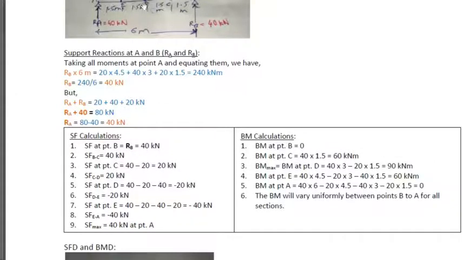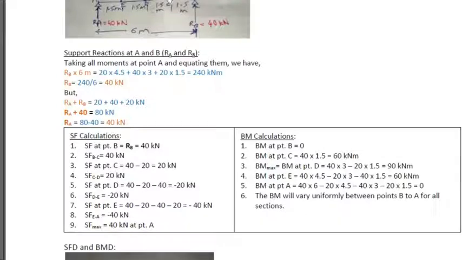It is passing through 0. So at the point where SF becomes 0, BM is going to be maximum. So SF is becoming 0 at point D.